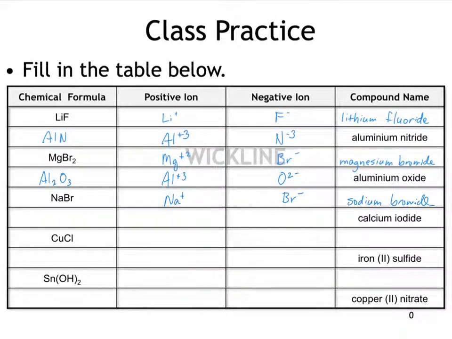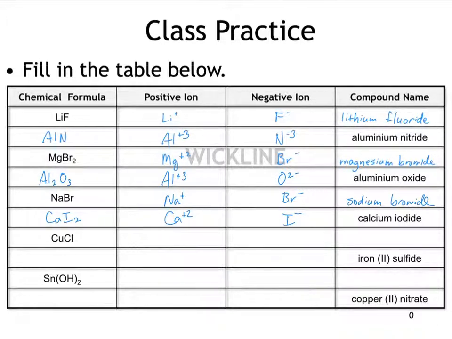All right, calcium iodide, let's work backwards. Here's our negative ion, iodide, and calcium ion, and we're going to cross the charges for that, so it's going to be CaI2.